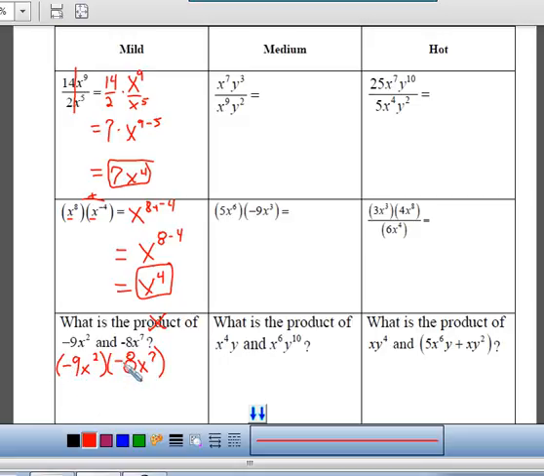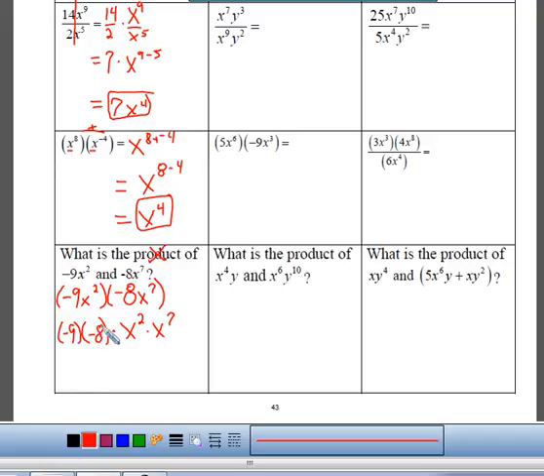Now, we are going to break this up a little bit, and we have our coefficients multiplying by each other, just like up here we had our coefficients being divided by each other. And then our variable terms, the exponent terms, are going to multiply by each other as well. So I have, again I'll use parentheses, negative 9 times negative 8 times x squared times x to the 7th.